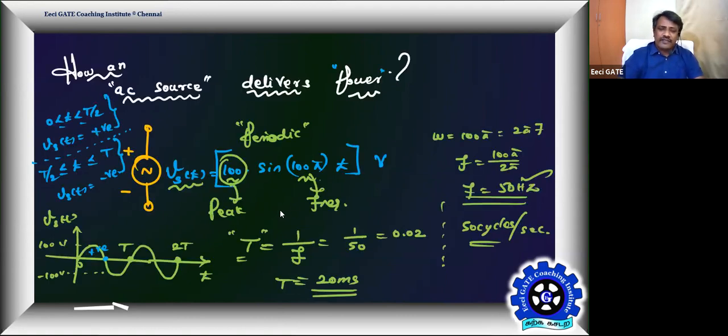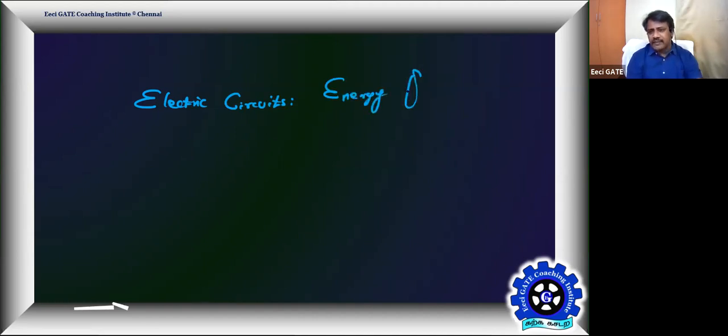Because ultimately, what are electric circuits doing? Electric circuits are simply processing energy. They are energy processors.